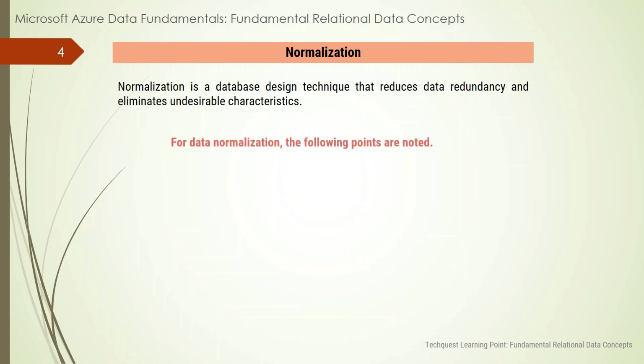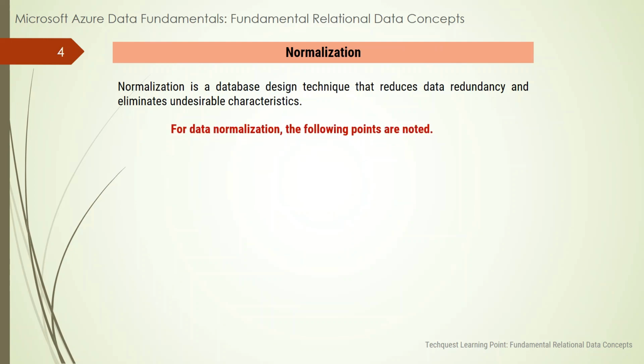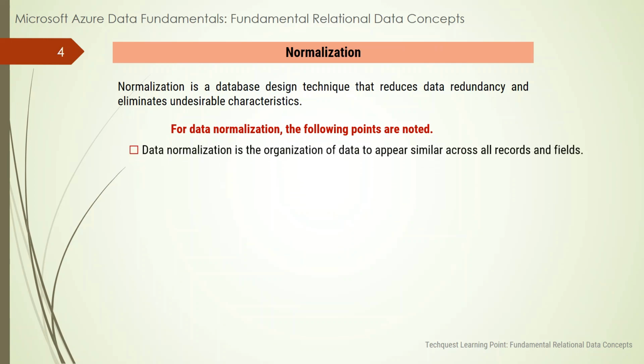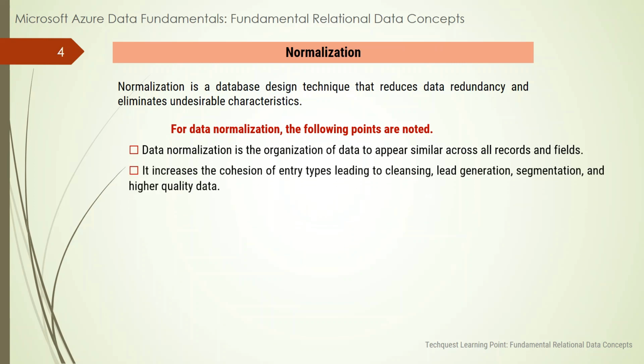For data normalization, the following points are noted. Data normalization is the organization of data to appear similar across all records and fields. It increases the cohesion of entry types, leading to cleansing, lead generation, segmentation, and higher quality data.